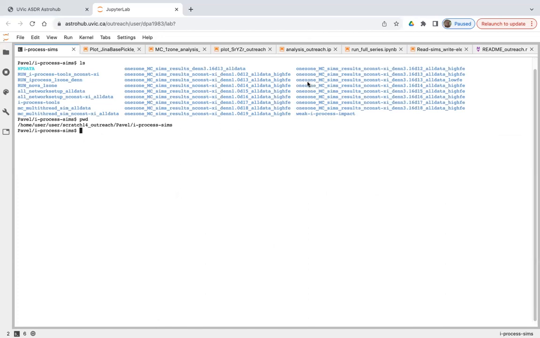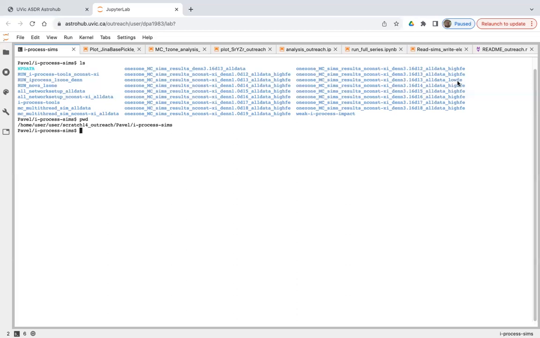So I'm going to show you how the notebooks analyzing Monte Carlo results work using this data: one zone Monte Carlo simulations results, using this method and const xi for the neutron density 3.16 10 to the 13, using all data, remember, means 1256 unstable isotopes.